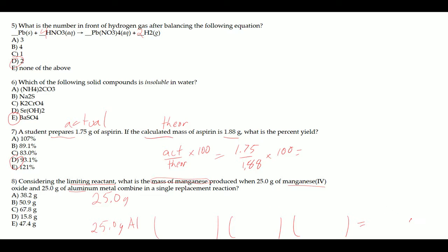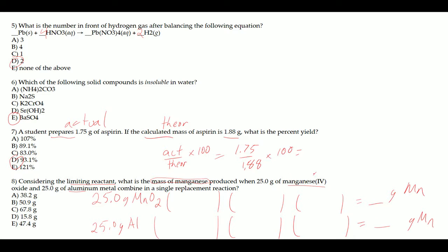So that's what I'm after, grams of manganese. I also have 25 grams of manganese 4 oxide, so MnO2. Then I'm going to have to go to grams of manganese, and then I'm going to compare these two numbers and pick the lower one.